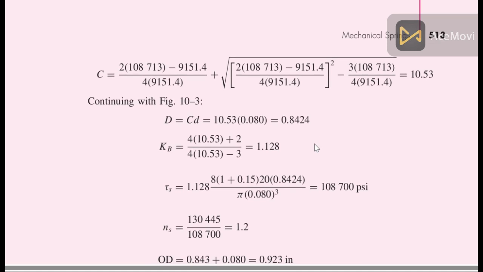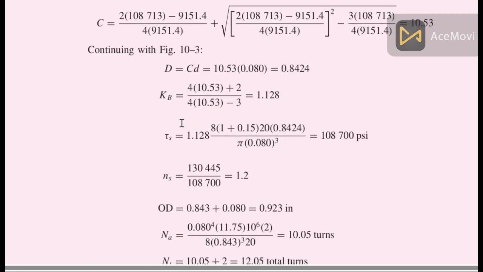Then we will go to C. C is given by (2 alpha minus beta) divided by 4 beta, plus under root of ((2 alpha minus beta) divided by 4 beta) square minus 3 alpha divided by 4 beta. We will calculate, and the final value is 10.53. Then we will go for D. D is equal to C d. Putting the values, D comes out to be 0.8424.